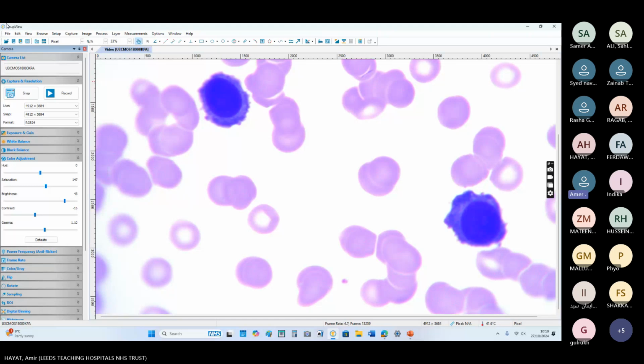Because multiple myeloma has CD56 positive, plasma cell leukemia has CD56 negative. And CD56 is a ligand protein. It does not allow plasma cells to go outside the bone marrow. Hopefully, it will be clear now.